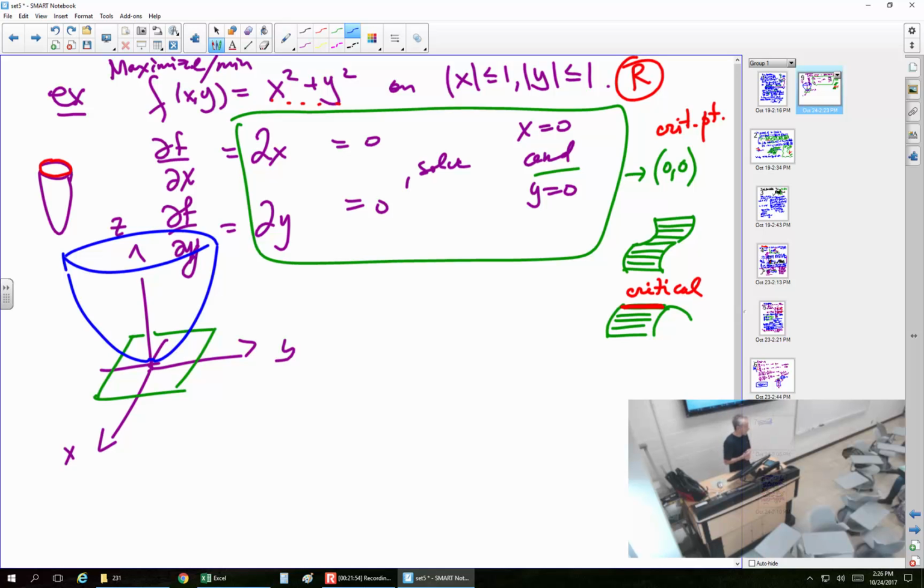What part of the surface lies above this green square? What does it look like? It will have 4 spikes. In fact, we saw it once. I'll show it in a second. The spikes will be at the corners.